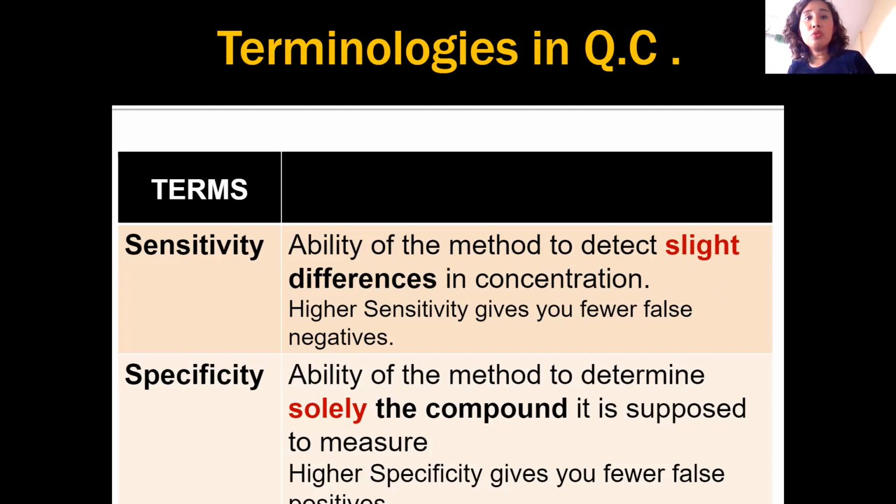It gives a few false negative kasi kahit konti lang yung COVID viral load, na-detect agad. Yan. So, tulad ng RT-PCR guys, ng COVID-19, it's very sensitive. Konti ang false negative. Kung negative ka talaga, negative ka talaga.